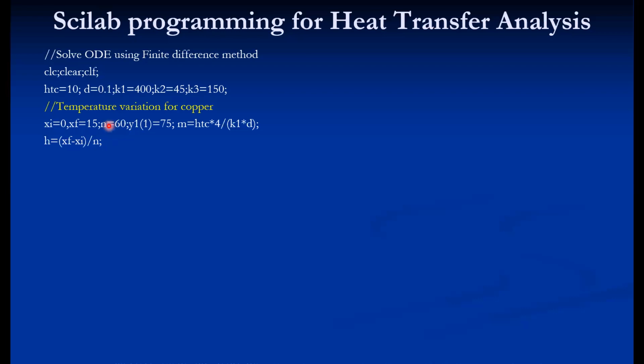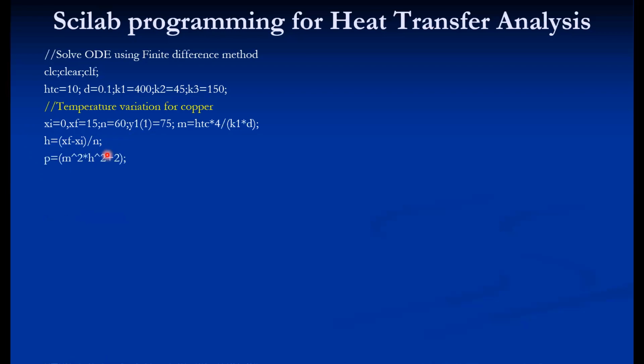We can take any higher value of n. Now here n is equal to 60. Here we are using the notation h for step size instead of w in the analytical case: h is equal to xf minus xi divided by n, that is the step size. So that formula we have written.